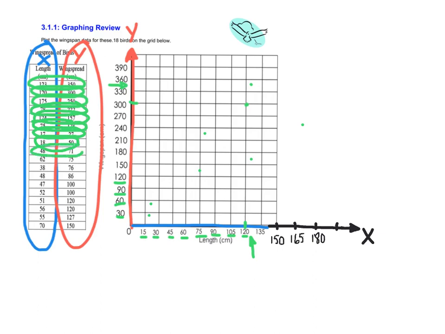Then 48, 71, right about here. 62, 75, right about here. 38, 76, right about here. 48, 86, right about here. 47, 100, right about here. 52, 100, right about here. 51, 120, right about here. 56, 120, right about here. 55, 127, right about there. 70, 150, right about there.